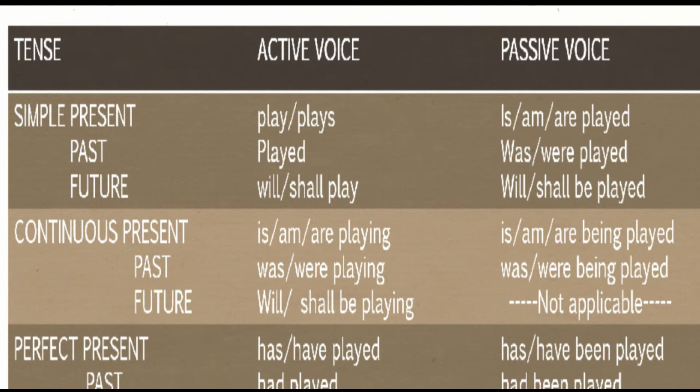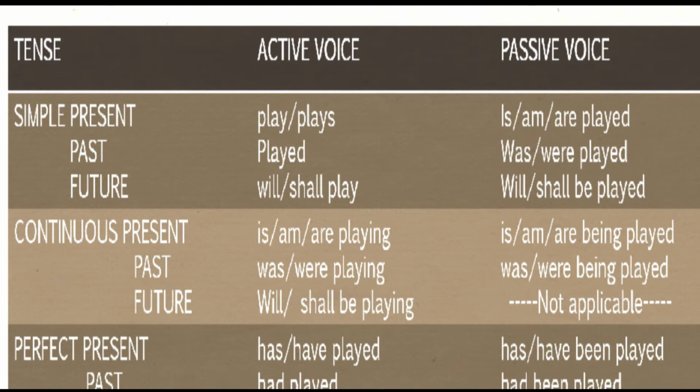In case it's a negative sentence, then we will use not. And where will we use this word not? We will use it between the verb be and the past participle of the main verb. So it will become like this: is, am, are plus not plus played.